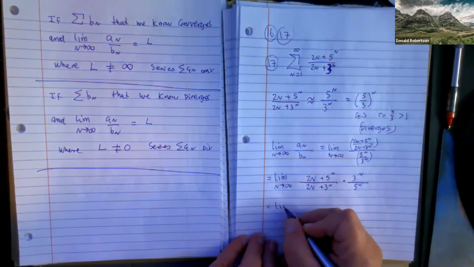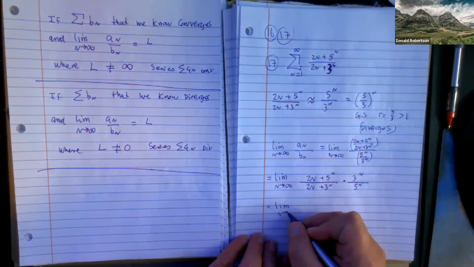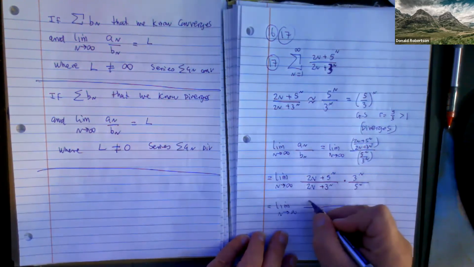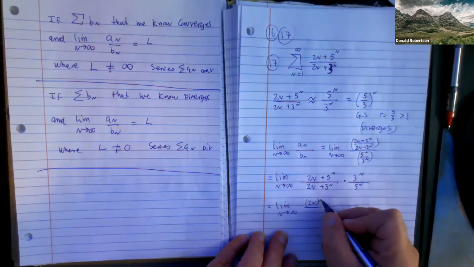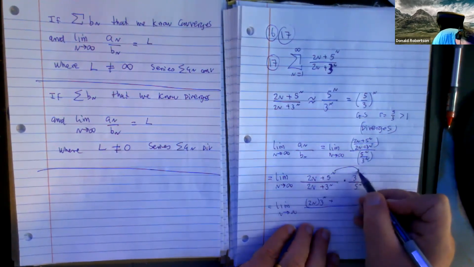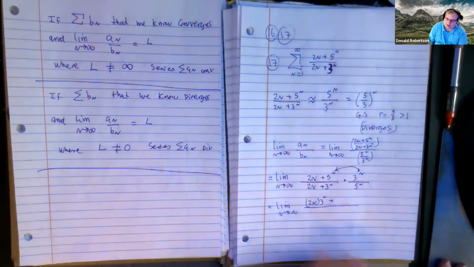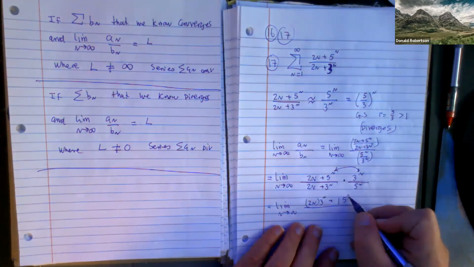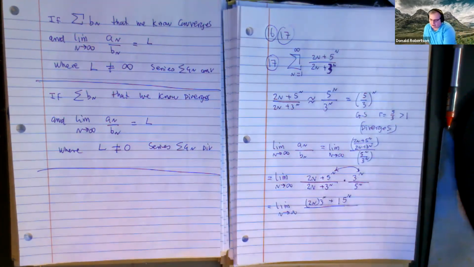And this now becomes 2n times this guy gets you 2n, 3 to the n's. If you multiply 5 to the n times 3 to the power of n, you're allowed to combine them into a single 5 times 3, 15 to the power of n.